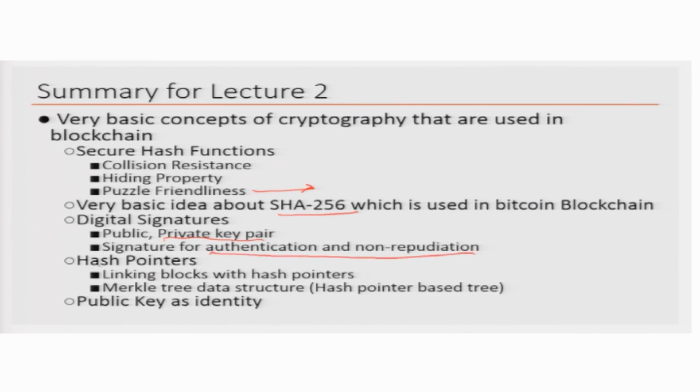We talked about hash pointers, what they are and how they are used to link blocks, and the Merkle tree as a data structure used for efficient locating of data items. And finally, the public key as an identity. So, instead of having a username and password, your public key becomes your identity.